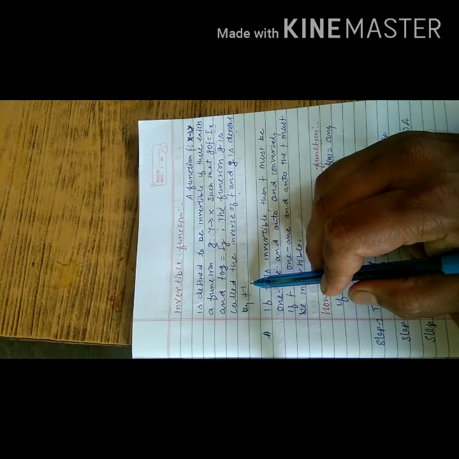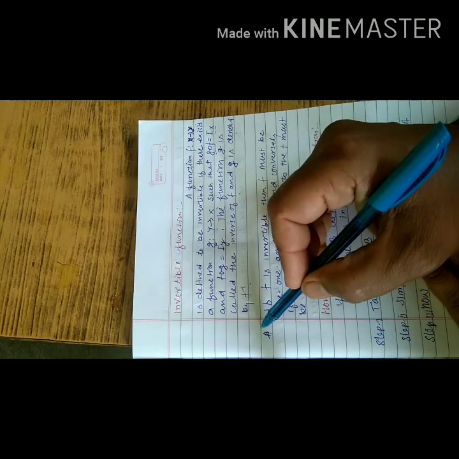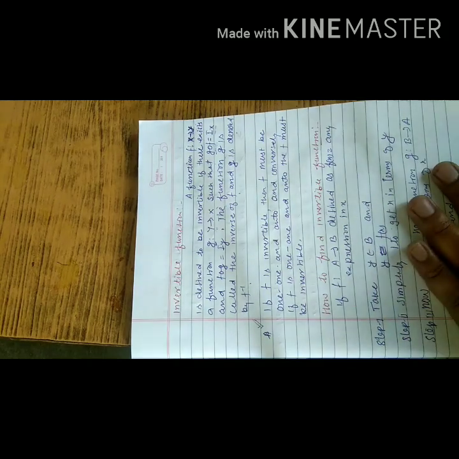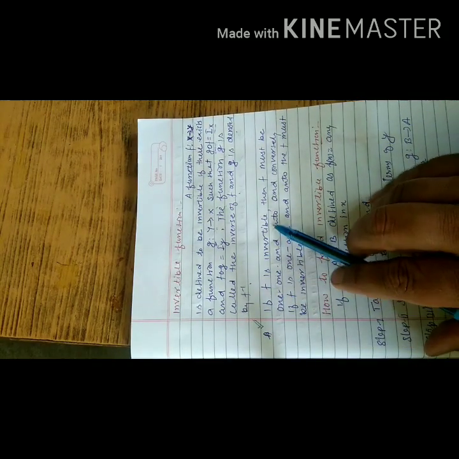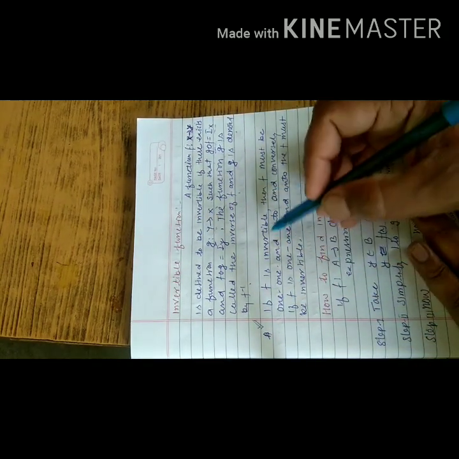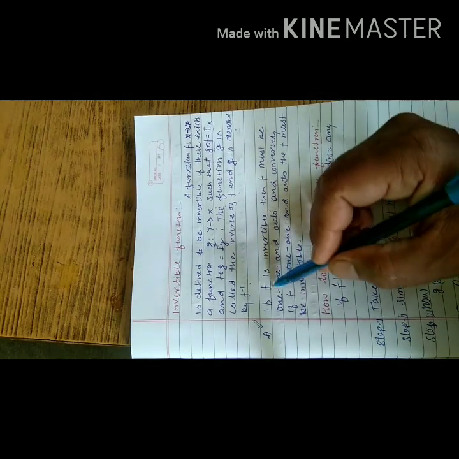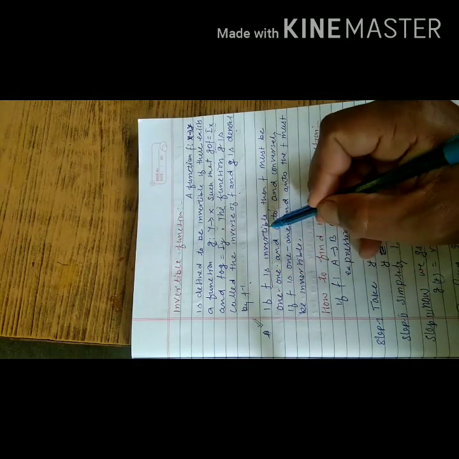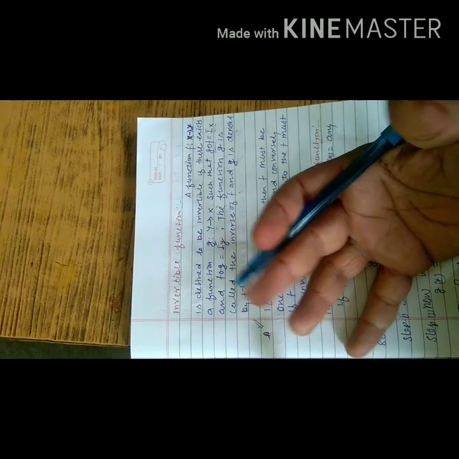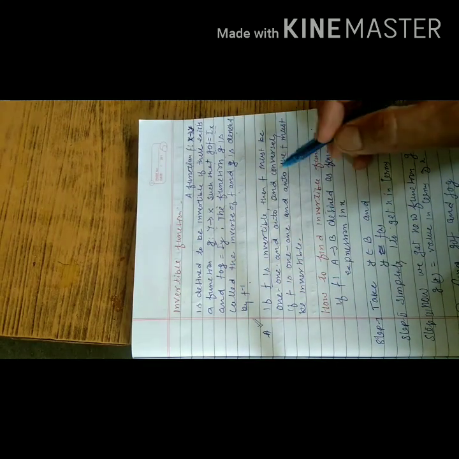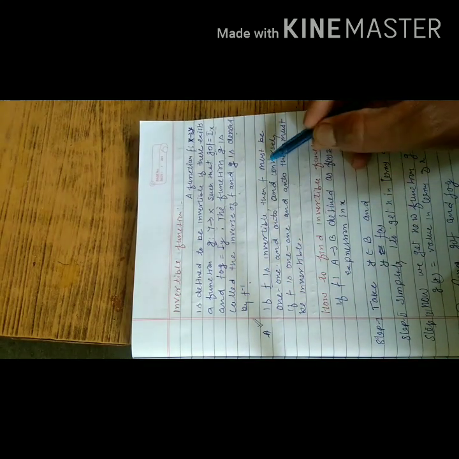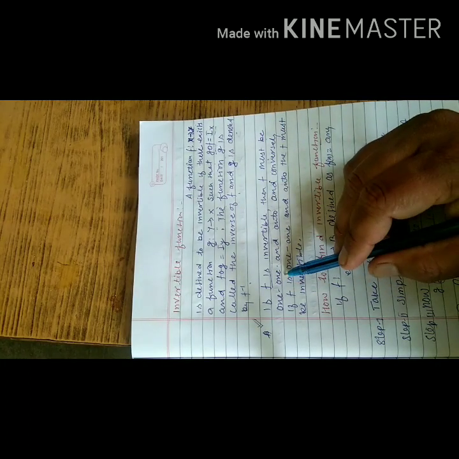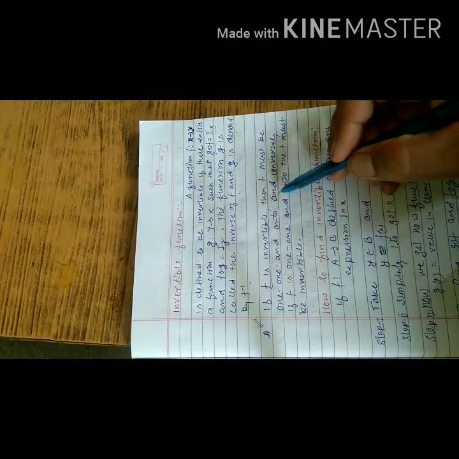Clear? Okay, some important things to remember. The inverse of a function f exists if and only if f is one-one and onto.